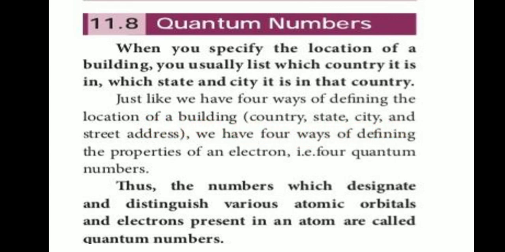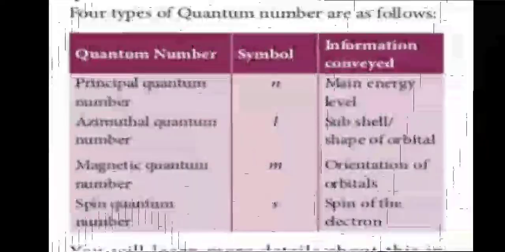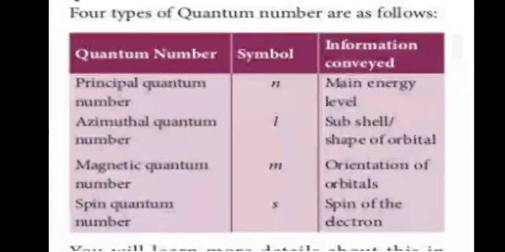We have 4 ways of defining the properties of an electron, therefore 4 quantum numbers. The numbers which designate and distinguish various atomic orbitals and electrons present in an atom are called quantum numbers. There are 4 types: principal quantum number, azimuthal quantum number, magnetic quantum number, and spin quantum number.